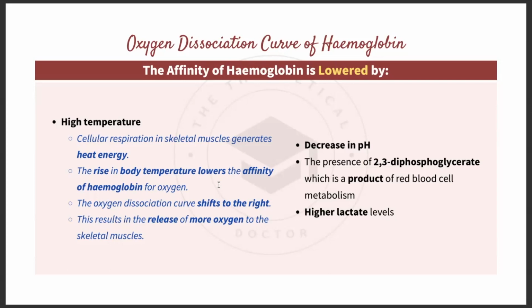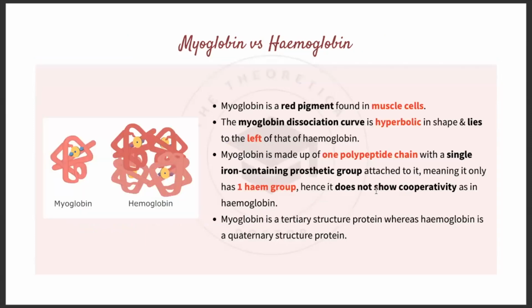The oxygen dissociation curve shifts to the right. So remember the Bohr effect, the oxygen dissociation curve of hemoglobin shifts to the right. This will result in the release of more oxygen to the skeletal muscles. Other factors would be a decrease in pH value, the presence of 2,3-diphosphoglycerate, which is a product of red blood cell metabolism, or high lactate levels.